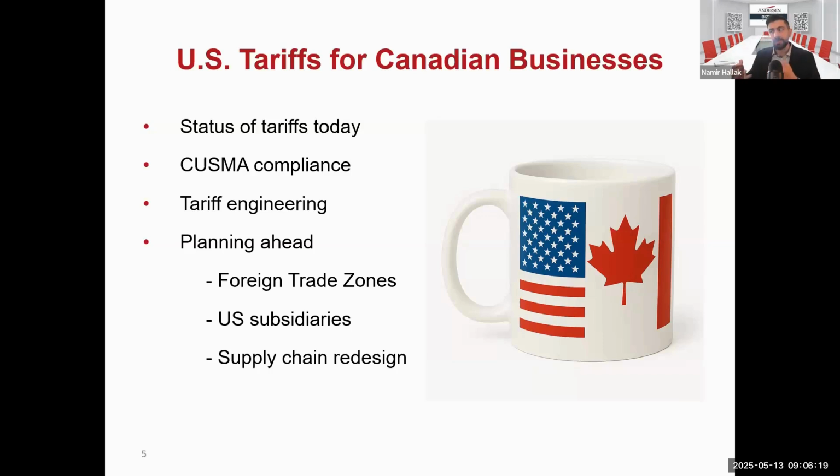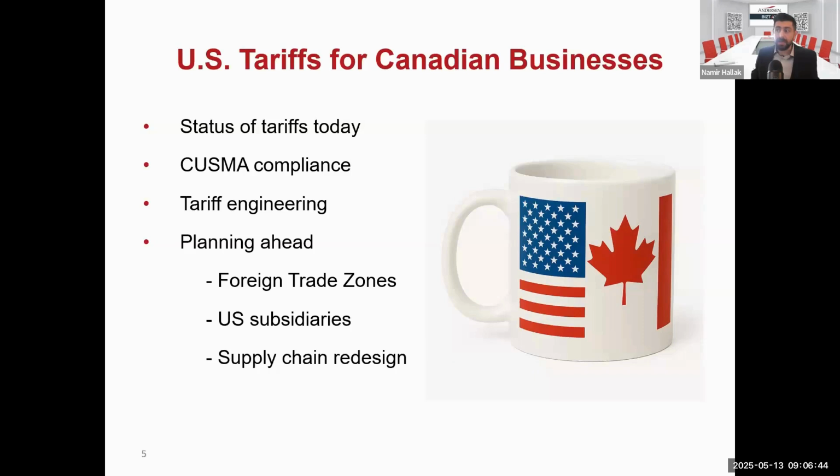So essentially, you're only paying when the product leaves the zone and enters the US market. So if you're distributing or manufacturing in the US, this could be a smart move to help you defer or reduce those duties. If the goods are then re-exported, then essentially no US duties are paid on those products.